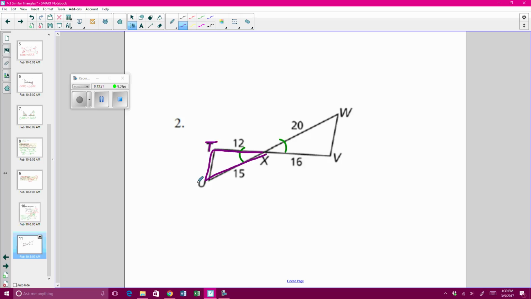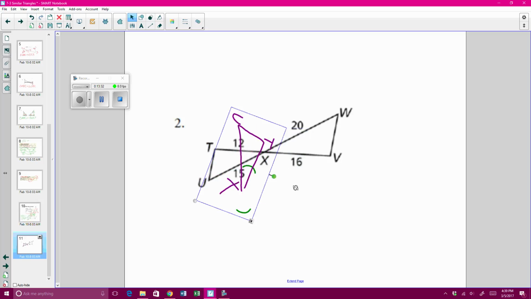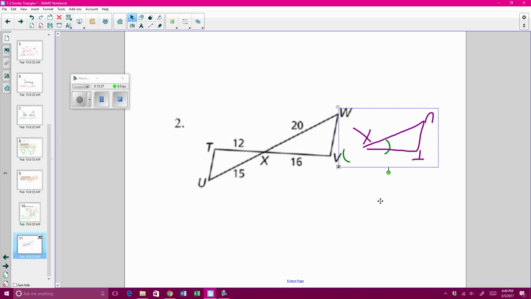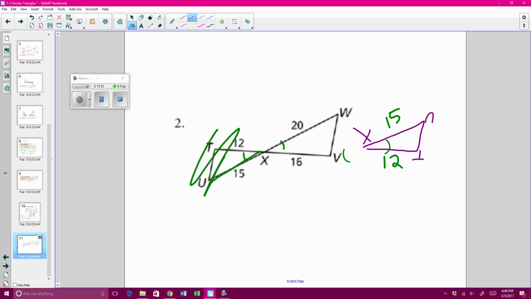That's T, U, and X. I drew it this way because sometimes it's hard to tell what actually matches up. So again, remember these were vertical. TX is 12, so this is 12. UX is 15, so here's UX being 15. I know the letters are upside down, so don't even look at this anymore.